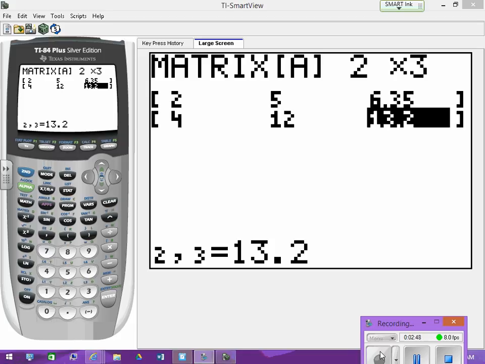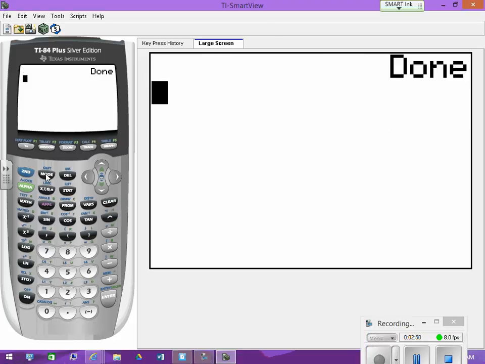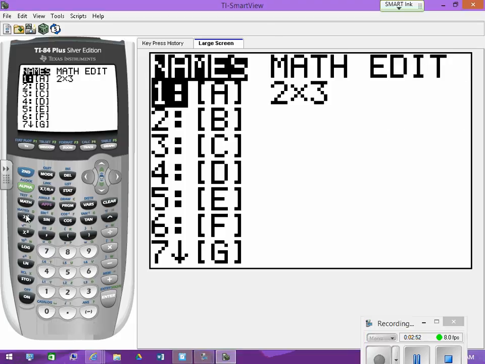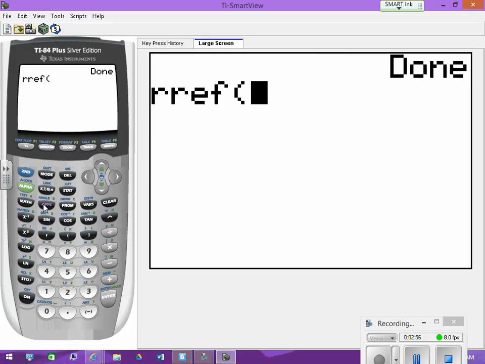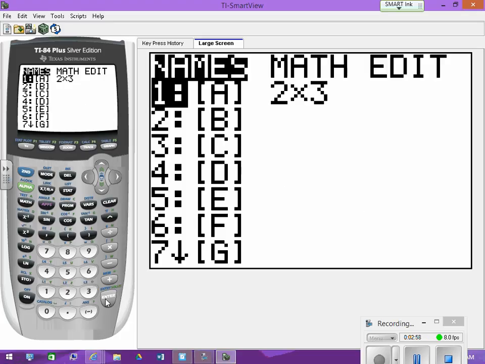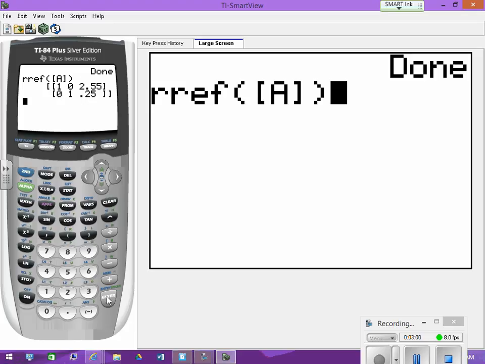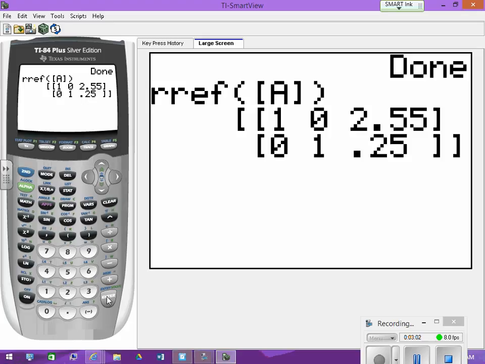So let's see, once we have it in there, we're going to quit. Second matrix, math. Pick the RREF, pick our matrix A, and enter. So when we get RREF, go back to second matrix, pick your matrix A.